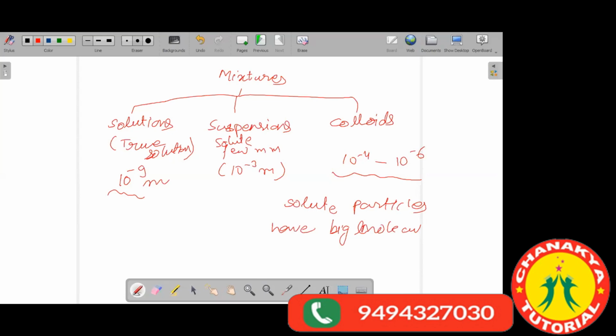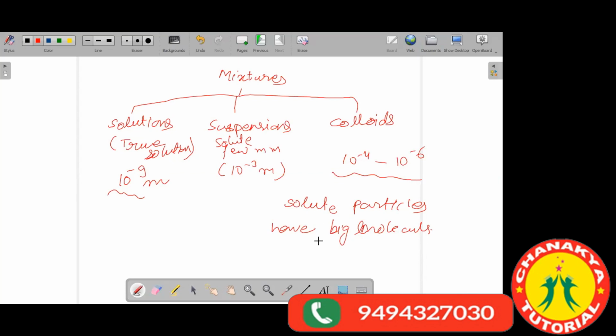For example, for colloids we can consider a mixture of oil in water, milk in water, starch in water. A colloidal solution of starch in water can be prepared easily.